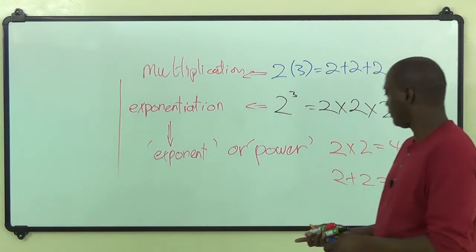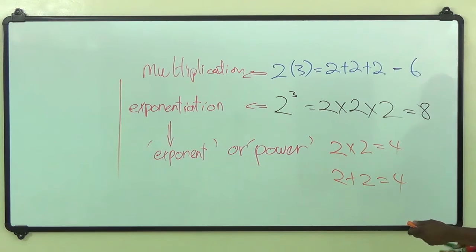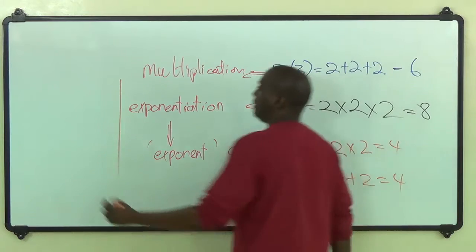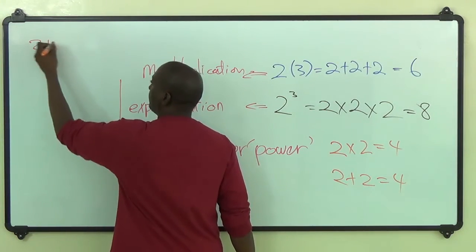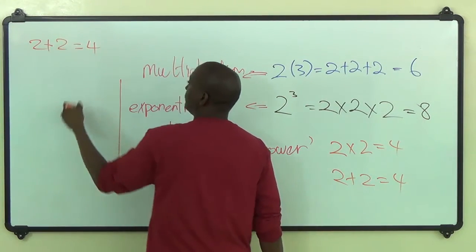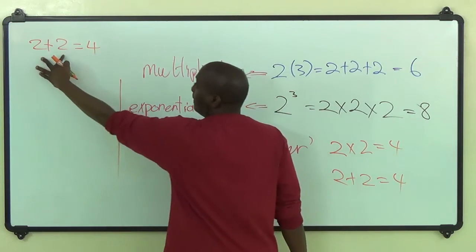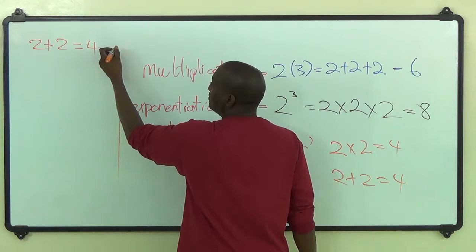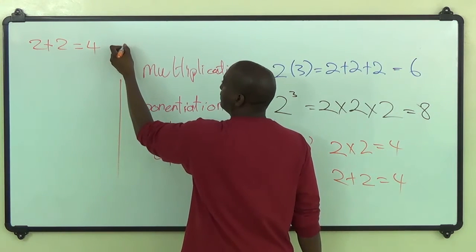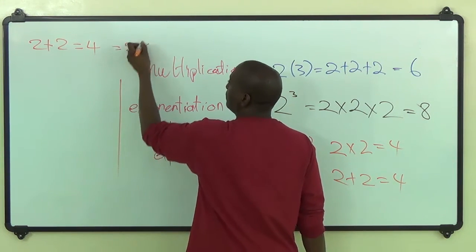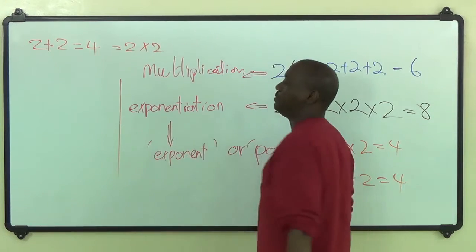Alright? So where we started? Let me start with the addition now. 2 plus 2 is equal to 4. This is addition, but that is also the same as 2 multiplied by 2.